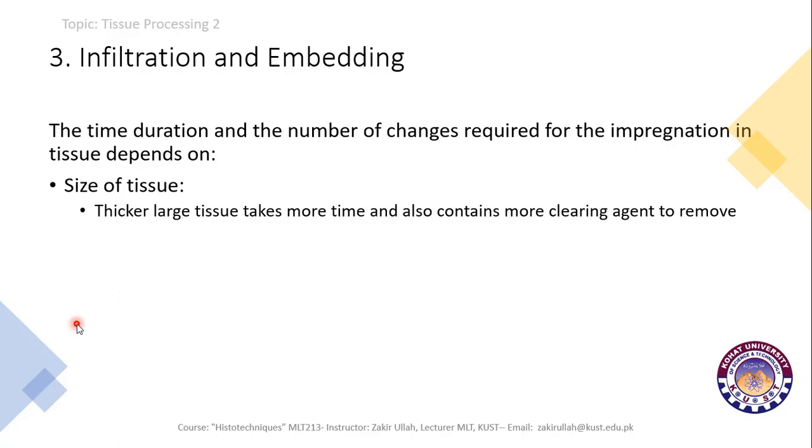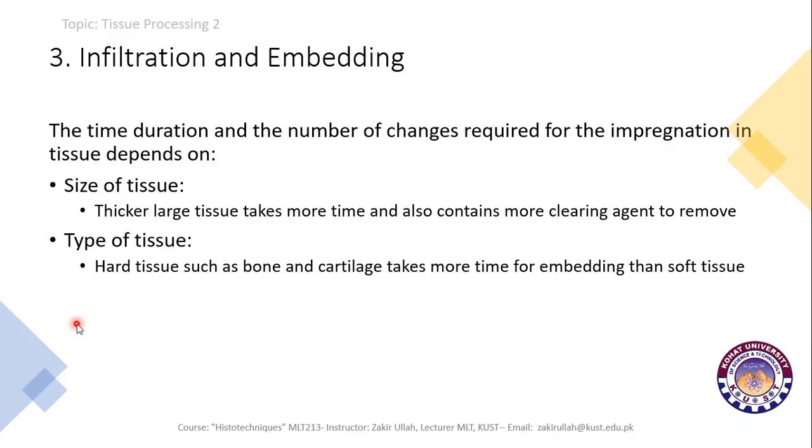That is why the size of the tissue matters for the time and number of changes in the infiltration and embedding medium. The second is the type of tissue. Hard tissues, for example bone and cartilage, will take more time for embedding than soft tissues.